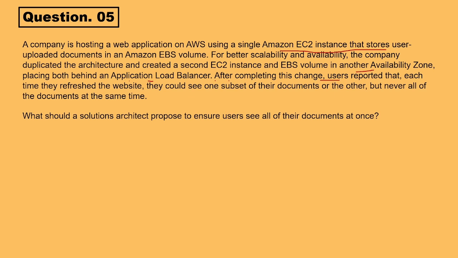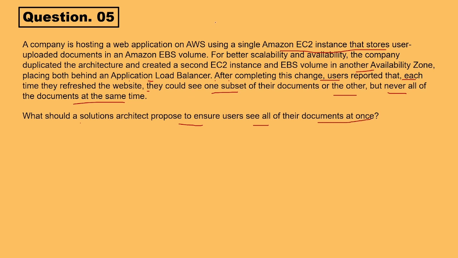After completing this change, users reported that each time they refresh the website, they could see one subset of their documents or the other, but never all the documents at the same time. What should a solutions architect propose to ensure users see all their documents at once?